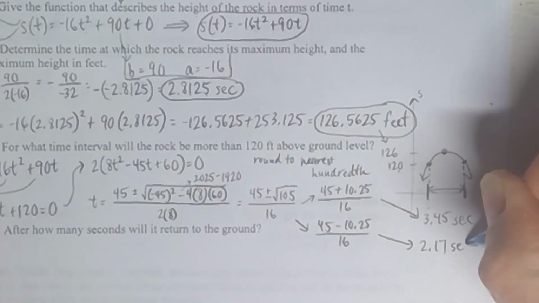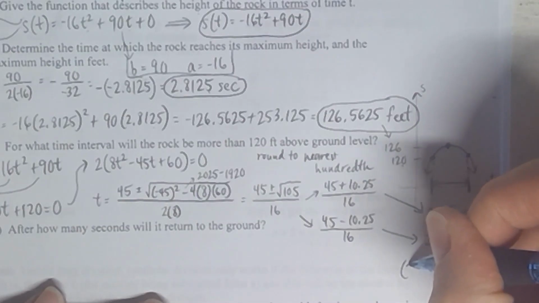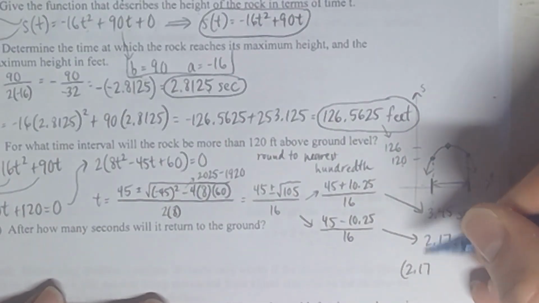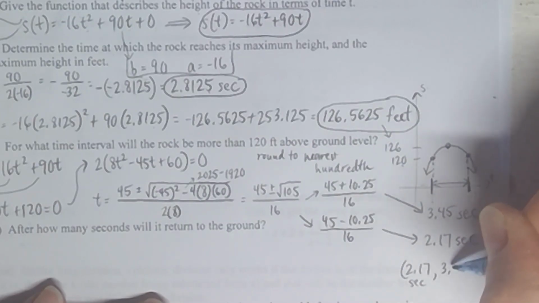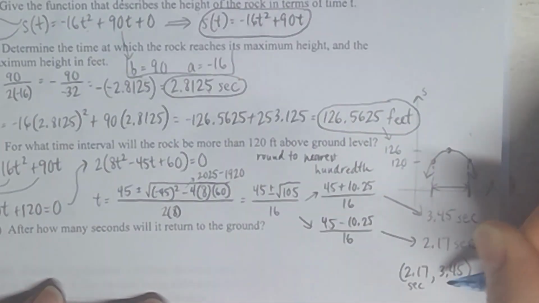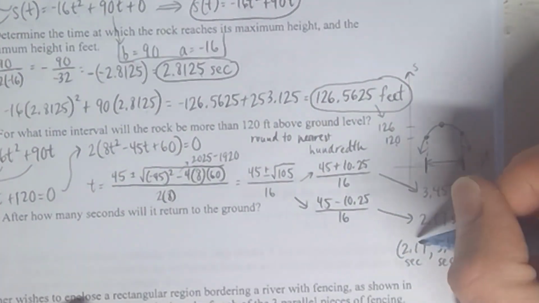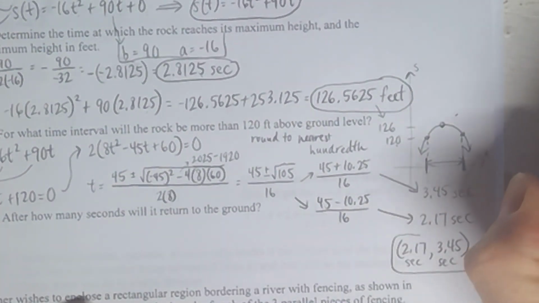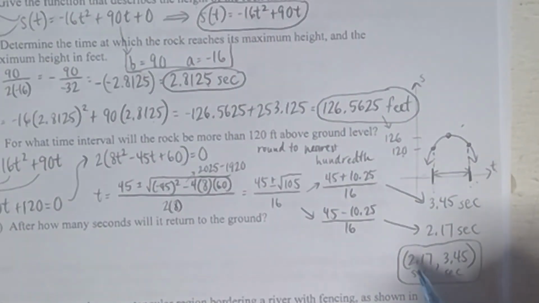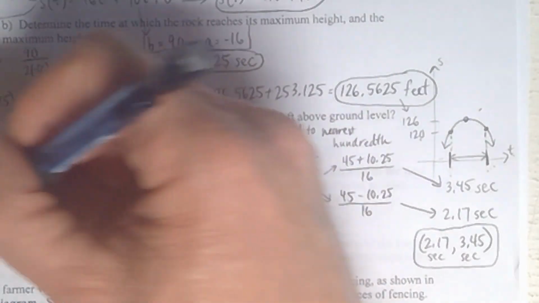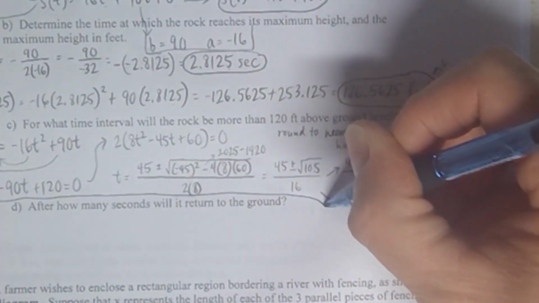So the interval is from 2.17 seconds up to 3.45 seconds. We write it in interval notation because it's an interval. So it's the interval from 2.17 seconds to 3.45 seconds. That's problem C right there.